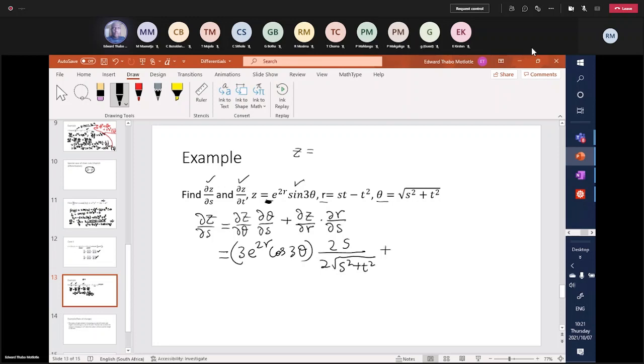Okay, plus, now I differentiate dz with respect to r partially. It's going to be 2 e to the power 2r sine 3 theta. So that's the answer when you differentiate with respect to r. Now you differentiate r with respect to s. My answer is just t.